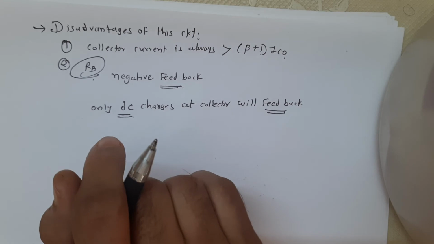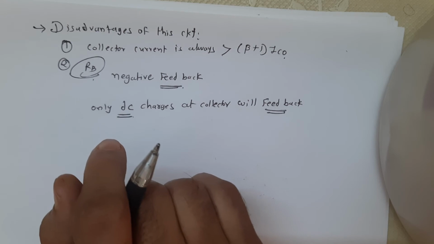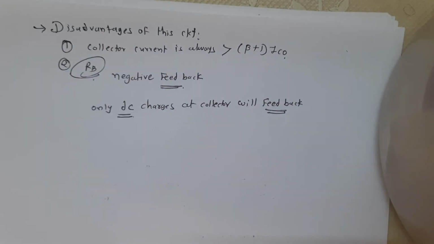The circuit is arranged so that only DC at the collector will feed back to the base and no AC is fed back. Whatever AC is fed back to the input is grounded, so only DC is fed back and there is no phase calculation.